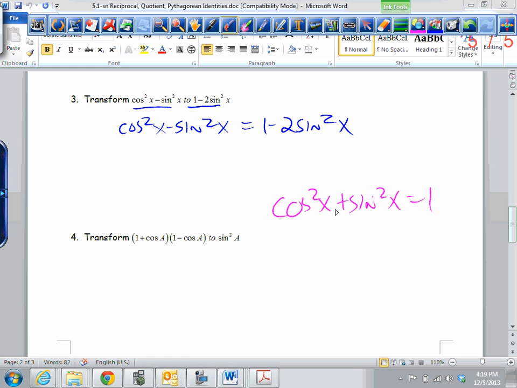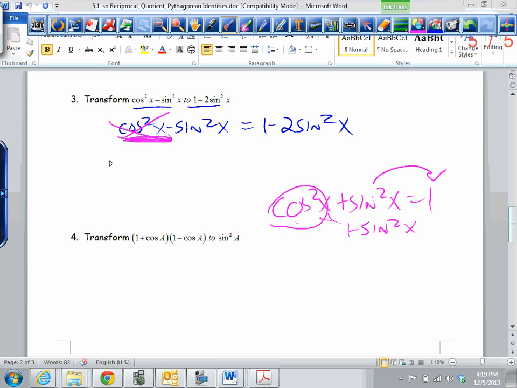Now, if I want to get rid of cosine, I'm going to move sine squared over, and it's just kind of like substitution for when we did systems of equations. I'm going to replace cosine squared of x with what it equals. So if I move sine squared over, I get 1 minus sine squared x is equal to cosine squared x. So I can replace that.